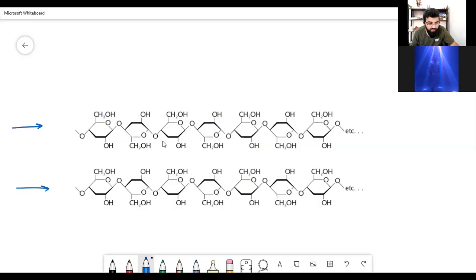This is a beta 1 to 4 glycosidic bond, and here is another beta 1 to 4 glycosidic bond. You can see that the hydrogen found here and the oxygen on the carbon here face each other, right?